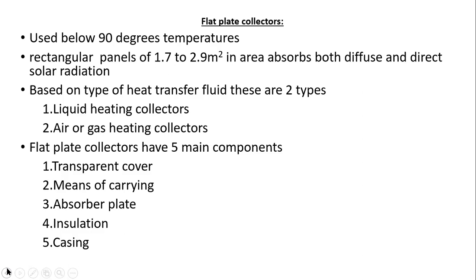And the last one is the casing, or container as we can also call it. The casing encloses the other components and protects them from the weather and the atmosphere around them.